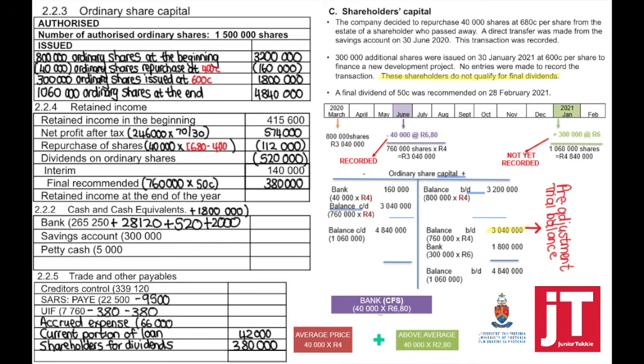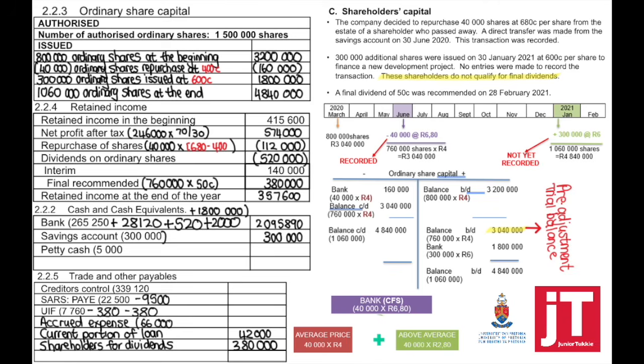We can now complete the retained income note. Interim dividends plus final recommended equals the total dividends on ordinary shares. If we take the retained income in the beginning plus the net profit after tax minus the repurchase of shares minus the dividends on ordinary shares, it equals the retained income at the end of the year. We can also complete the cash and cash equivalents by closing all the brackets.